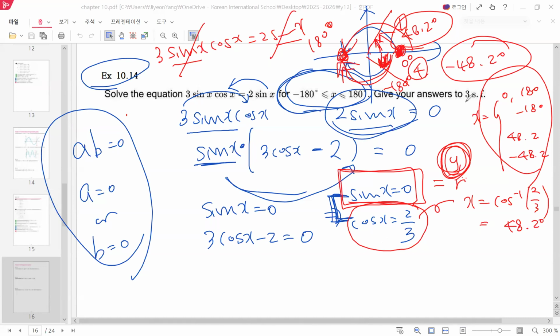Give your answer to x and look down. No one understands what it means, Angus. Okay, let's figure out what Angus wrote.